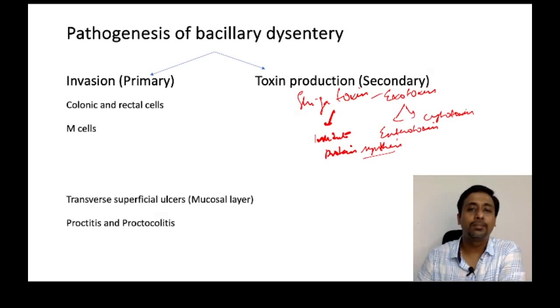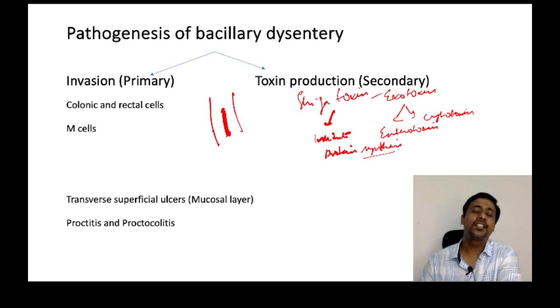Whereas in case of bacillary dysentery, if you look at a longitudinal section of the intestine, they form a superficial transverse or longitudinal ulcer. So all the mucosa is eroded in bacillary dysentery, whereas in amoebic dysentery, the mucosa in between the ulcers is normal.